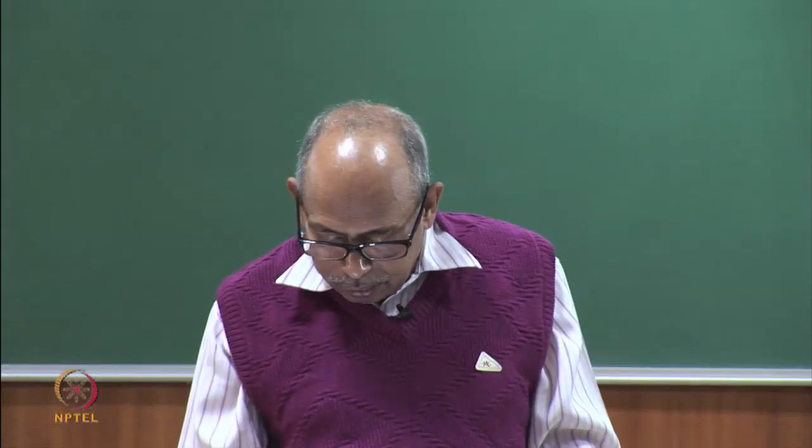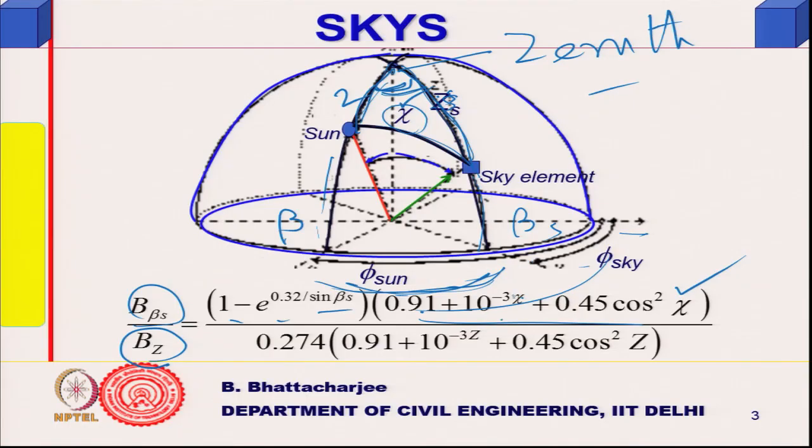This angle is nothing but the arc distance. It is 10 to the power minus 3 chi, which means the more away it is, the smaller this value will be, and cos of this angle is anyway a fraction, so square it up and so on.